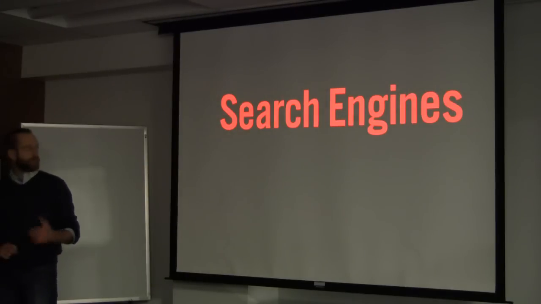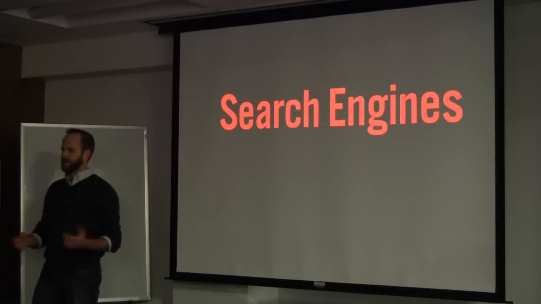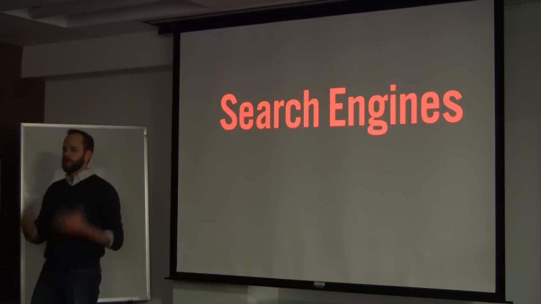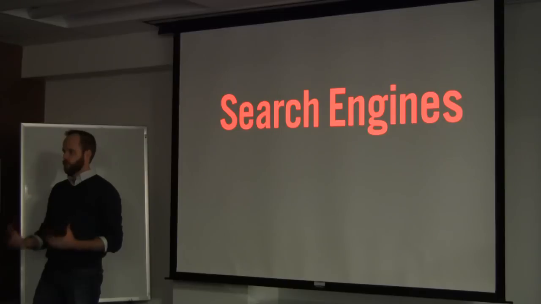The way we do this is with search engines. Again, I'm not talking about Google or Bing, we're talking about another service. It's used for indexing textual content in a document format.